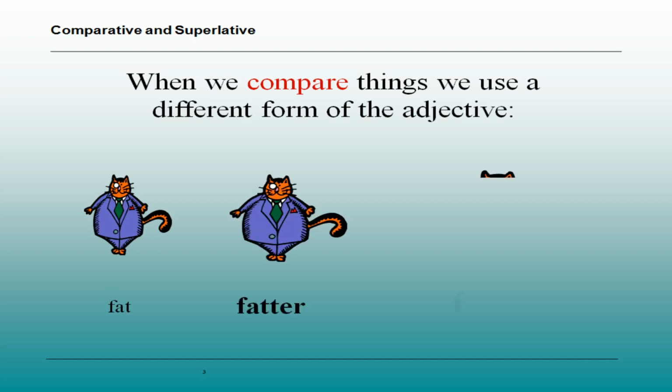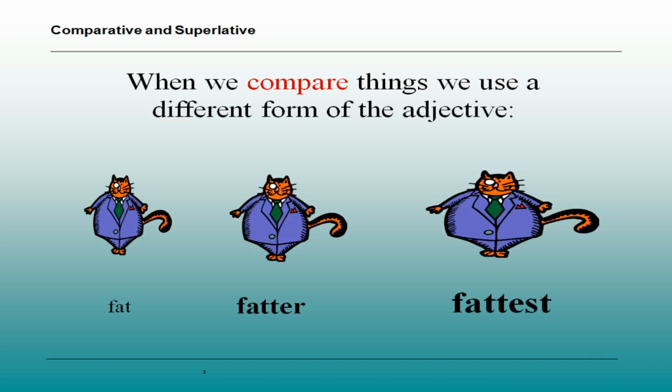Now here, these three pictures clearly illustrate the form of the adjectives. First one is positive form, then the second one is comparative form, the final one is superlative form.